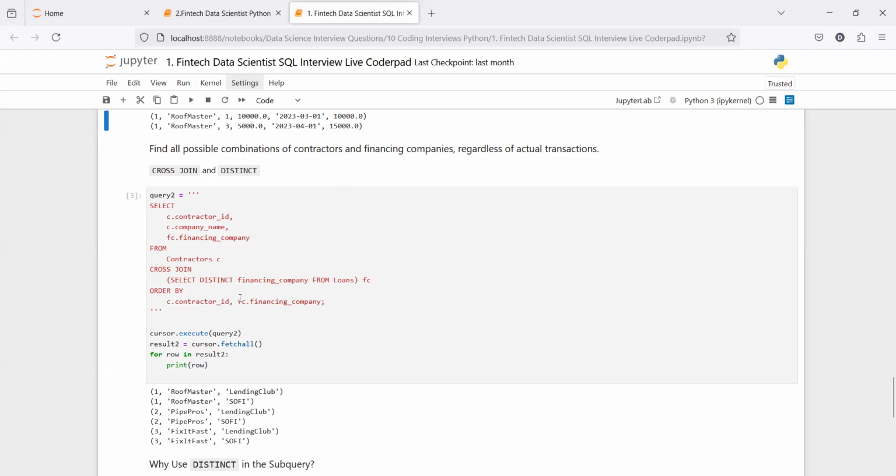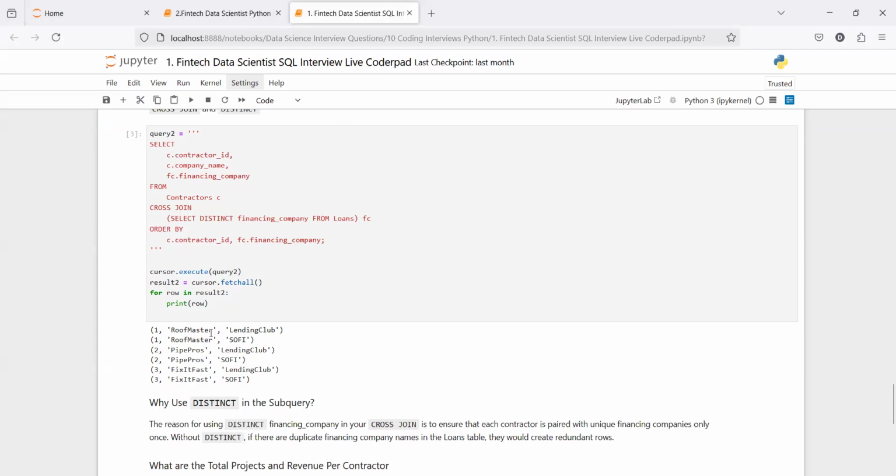And then you'd order by the contractor ID and then the financing company. Okay. And it'll give you all the combinations, like Roof Master to Lending Club, Roof Master to SoFi, Pipe Pros to Lending Club, these were the only two, right? And these were the three roofing or maintenance companies, right? So basically you would cross join and have all these combinations.